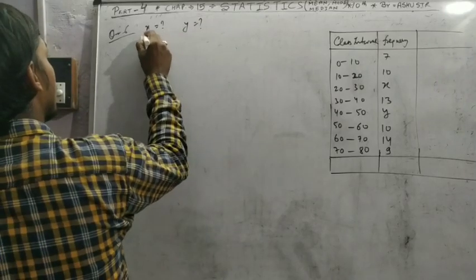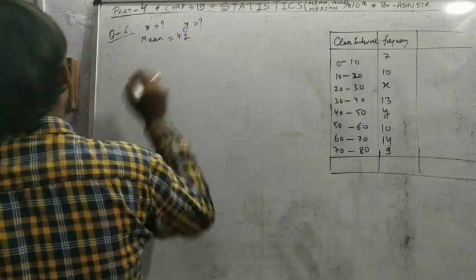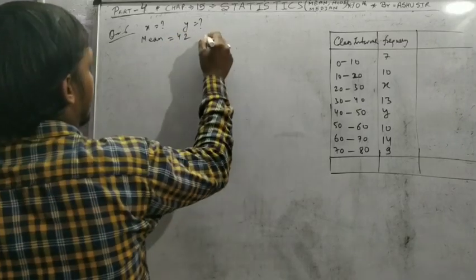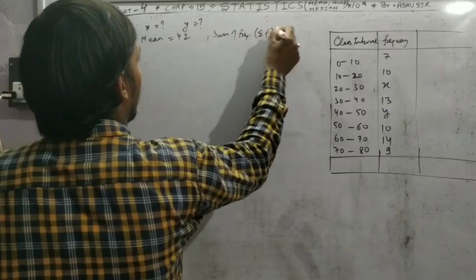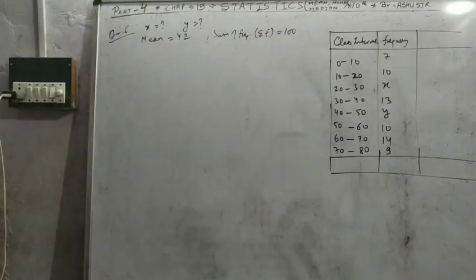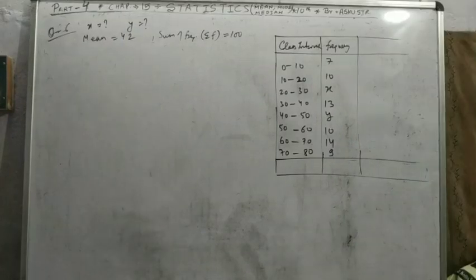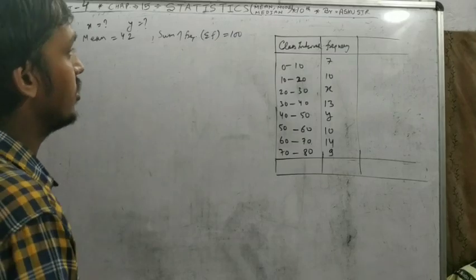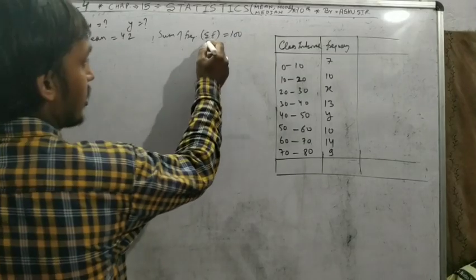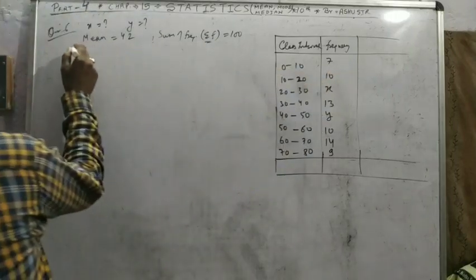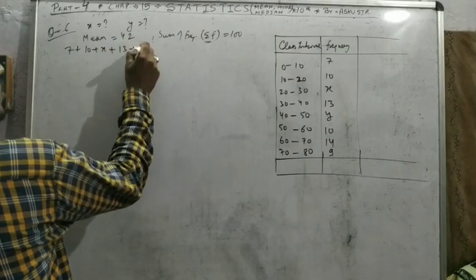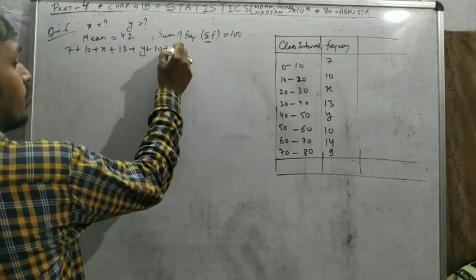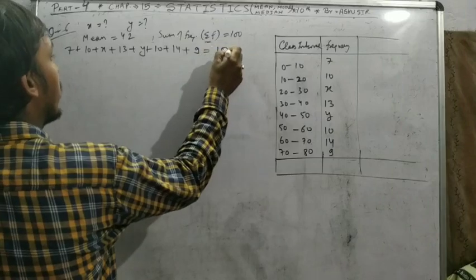Mean is given, that is 42, and the sum of frequency is 100. These all things are given. First we find summation of f: 7 plus 10 plus x plus 13 plus y plus 10 plus 14 plus 9 is equal to 100.